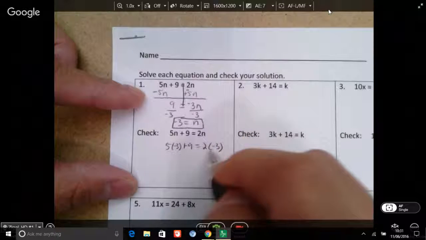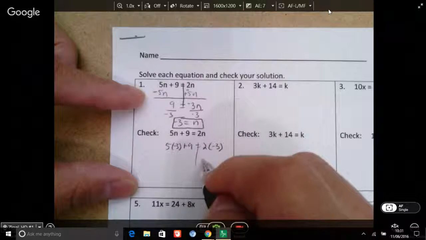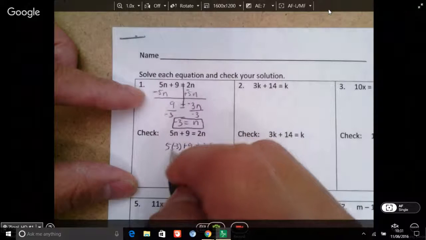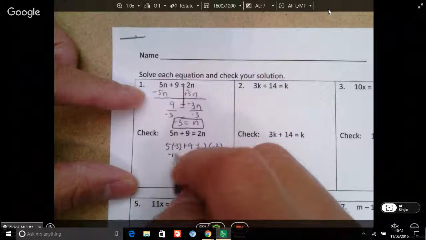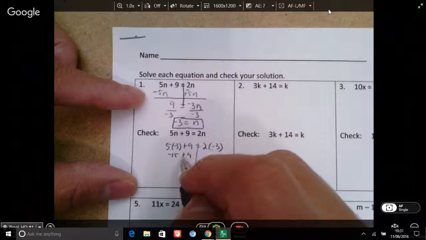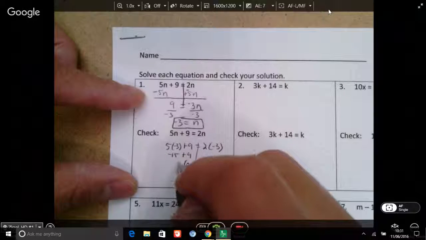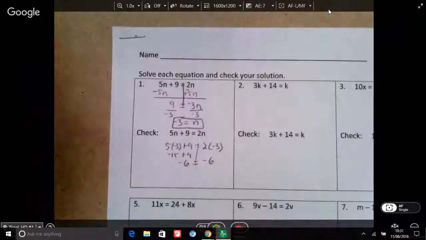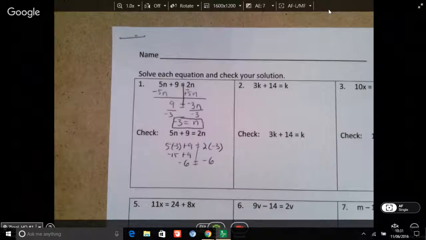This side of the equal sign here, this is negative 6. And this is negative 15 plus 9. It's addition. They have different signs, so subtract them. You get 6. 15 is bigger, it's negative. Negative 6 equals negative 6. So negative 3 is the answer that I wanted.